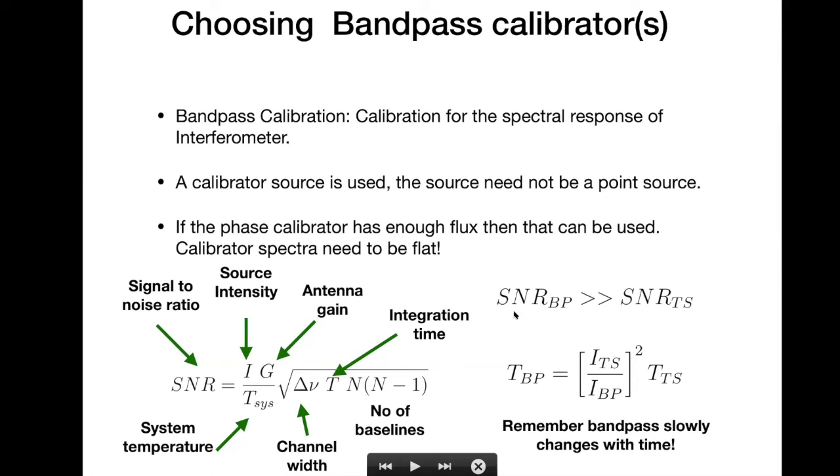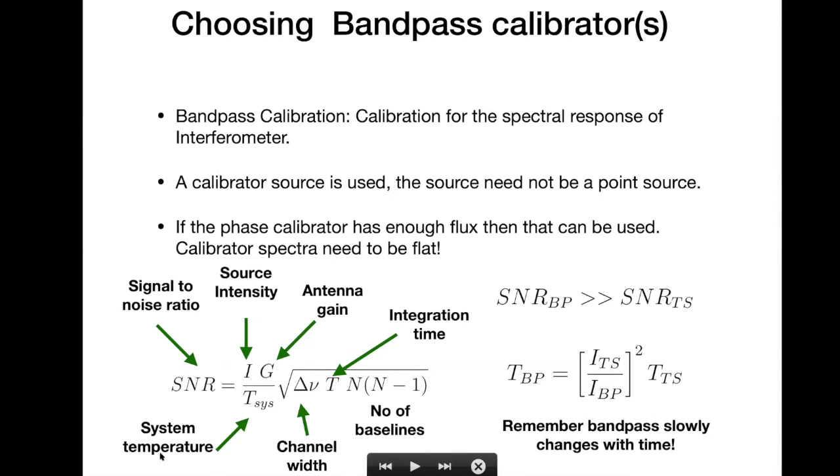Now, when you observe such a calibrator, you observe it at a certain time interval again, just like the phase calibrator, the primary calibrators you are talking about. The question is, how long should you observe this calibrator? This was also talked about by Poonam, but let me tell you again.